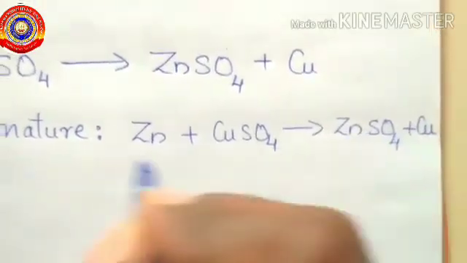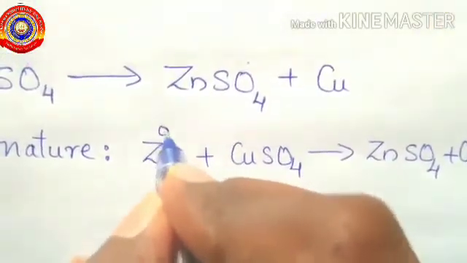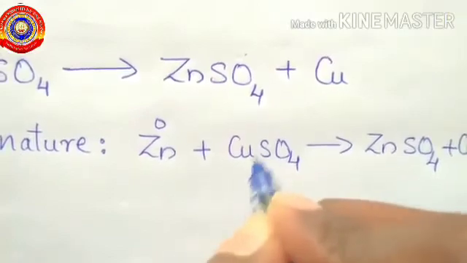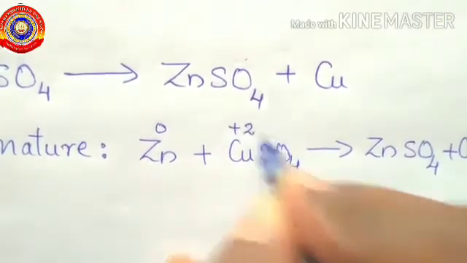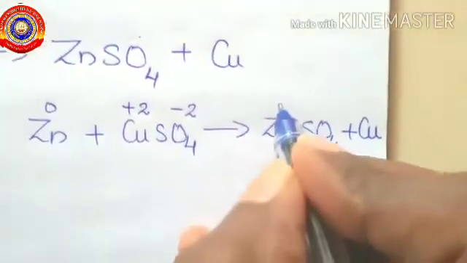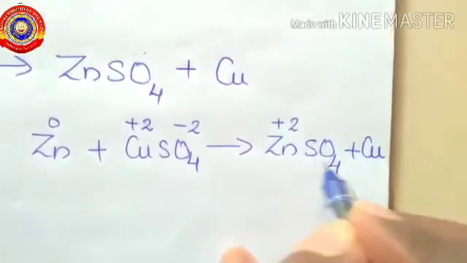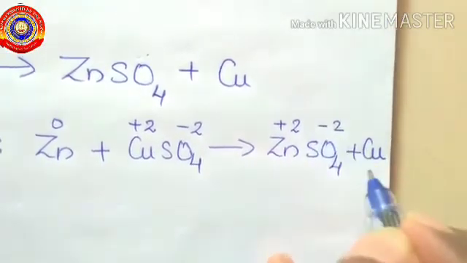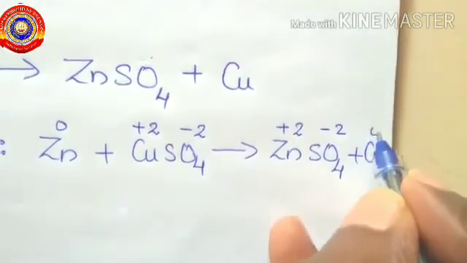So here, the oxidation state of zinc is 0. In copper sulfate, copper exists as +2 and sulfate is -2. In ZnSO4, zinc exists as a +2 ion and sulfate exists as a -2 ion, and the charge of the copper atom is 0.